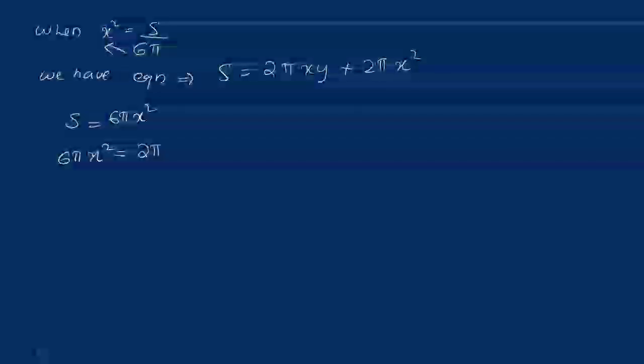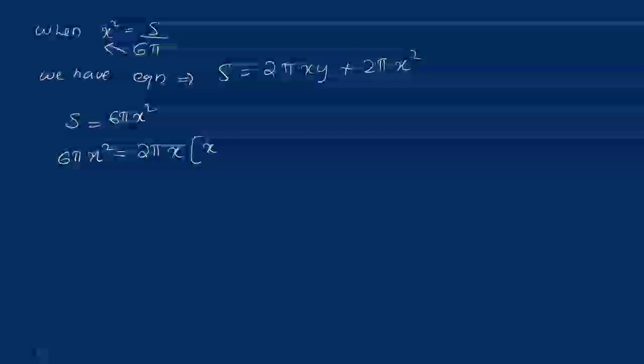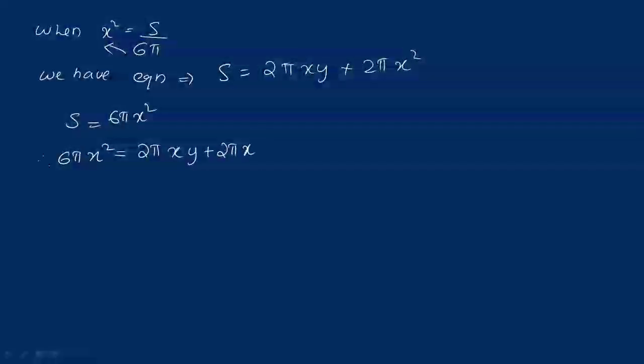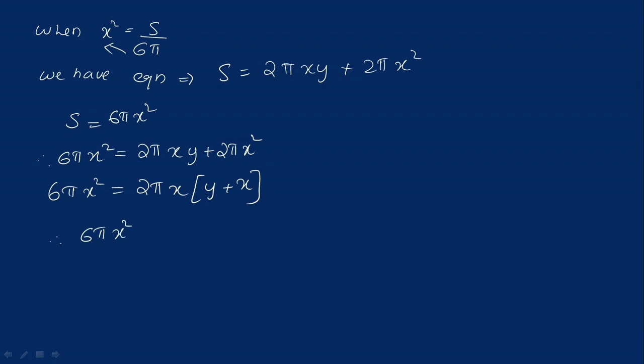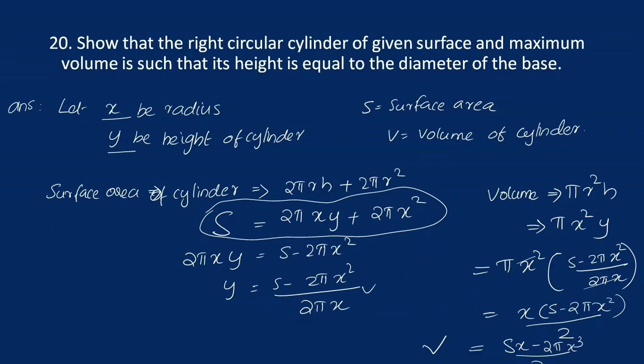Substituting, we have 6 pi x square is equal to 2 pi xy plus 2 pi x square. 2 pi x is common in both terms, taking that outside, we have 2 pi x into (y plus x). So 6 pi x square is equal to 2 pi x into (y plus x), or 6 pi x square by 2 pi x is equal to y plus x. By cancelling, we have 3x is equal to y plus x, or y is equal to 3x minus x, that is 2x. So we have got y, that is 2x.